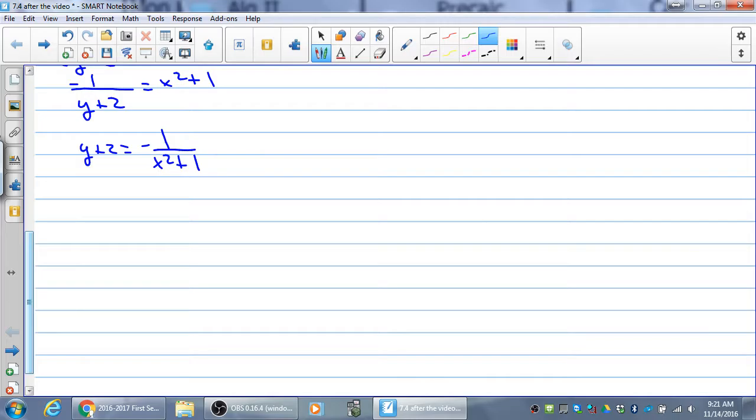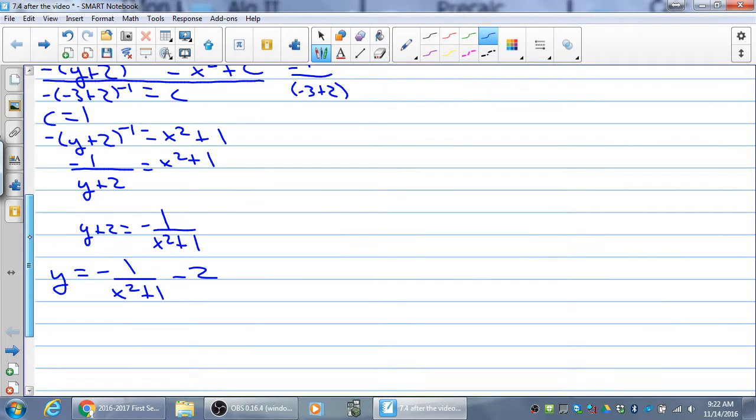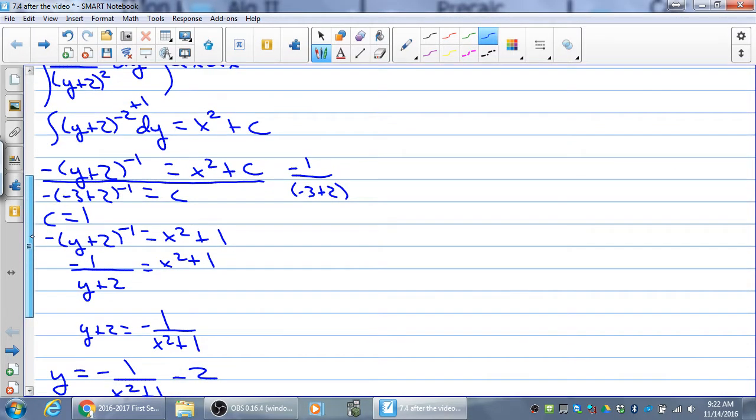And then just minus 2. Y is equal to negative 1 over x squared plus 1 minus 2. Now I suppose we could get common denominator there, but I don't think that's a big deal. Questions on that?